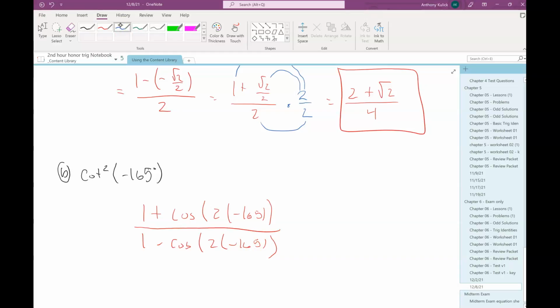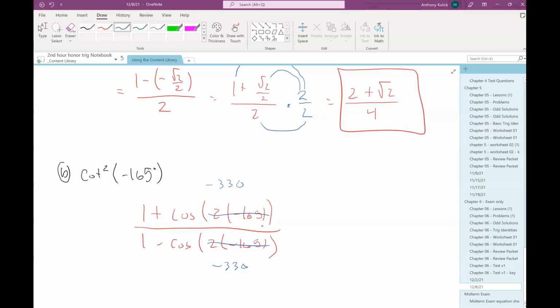We happy so far? Okay. Now do my multiplication. So 2 times negative 165 is negative 330. Is negative 330 a unit circle angle, though? No, all my unit circle angles are positive, right?